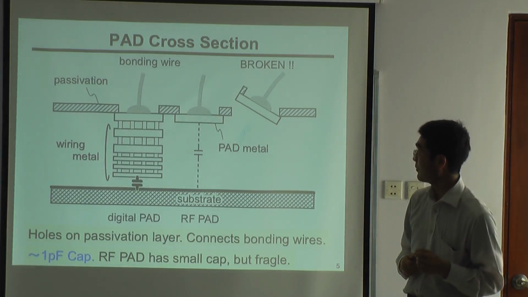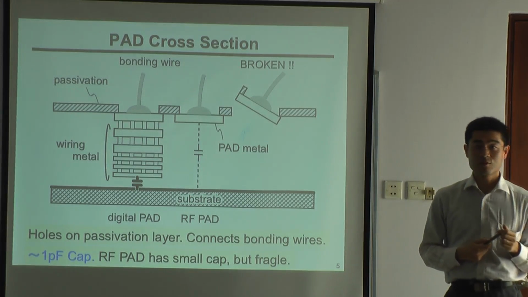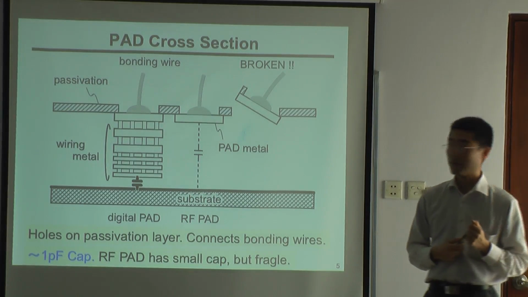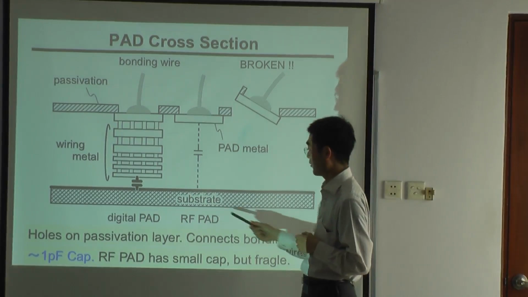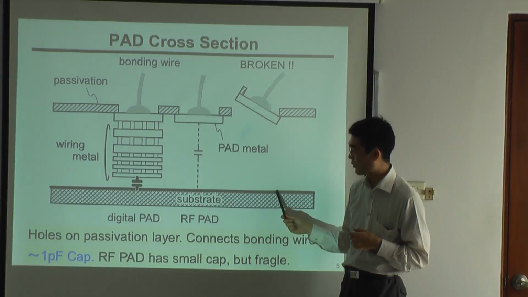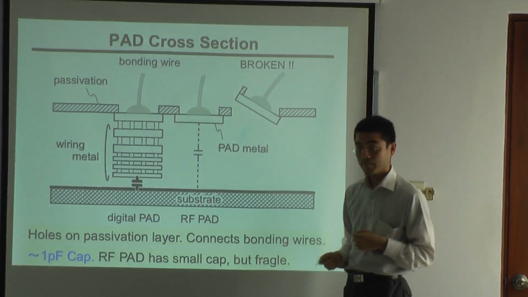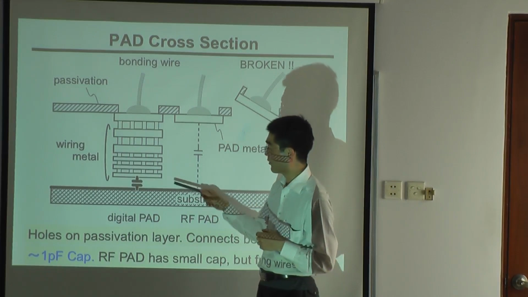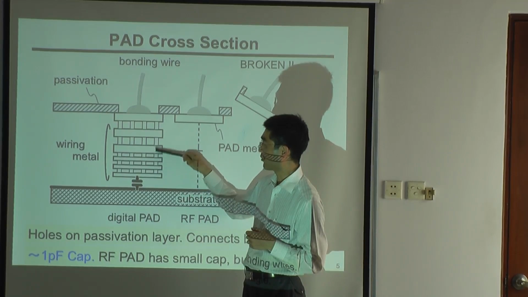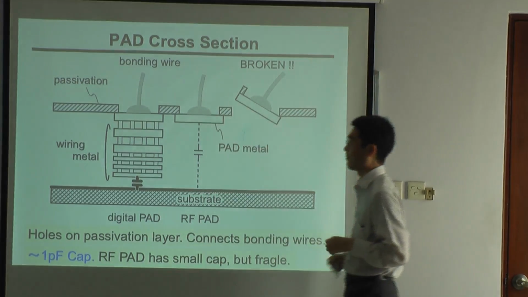And this slide shows a cross section of a pad. Here's a silicon substrate, and on top of the surface there are transistors. And above the transistors, there are metal wires, metal 1, 2, 3, 4, 5, 6, up to 10.